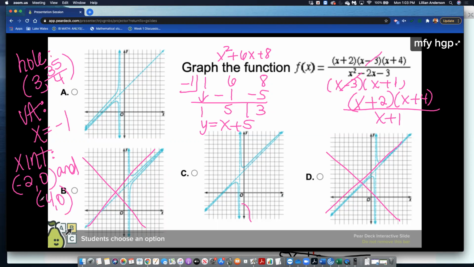No mistake. They're very small. I can't even tell the difference. What's my y-intercept? The first one's 0. What's my y-intercept? 0, 8.